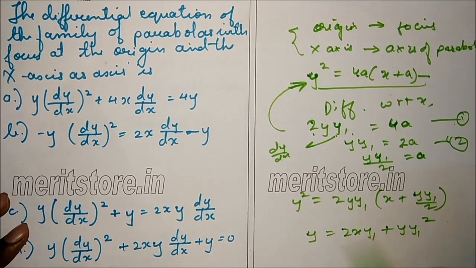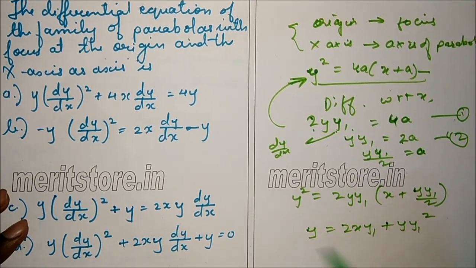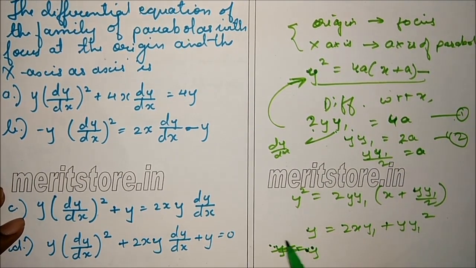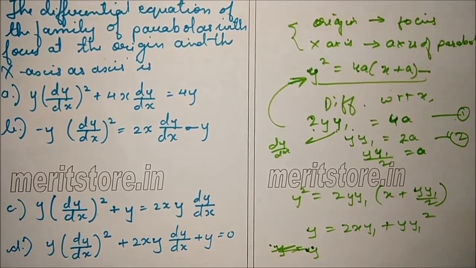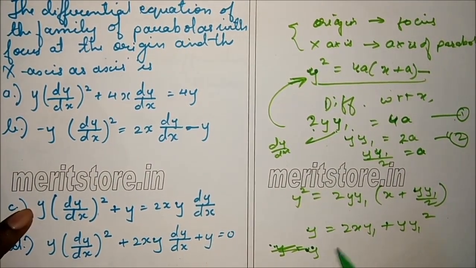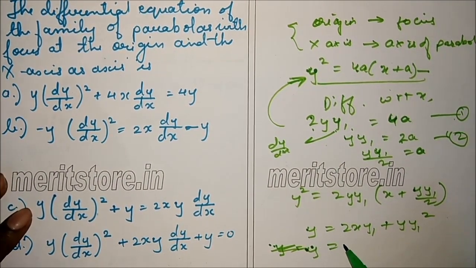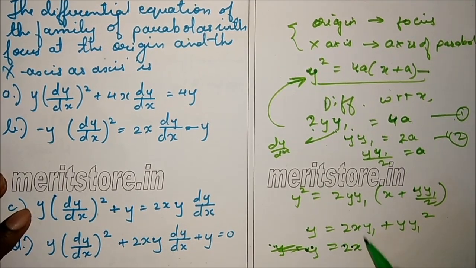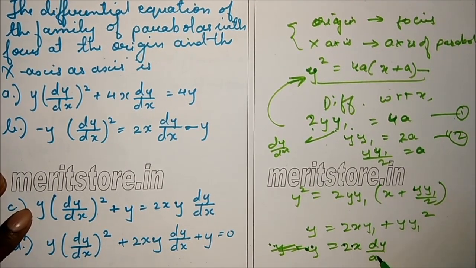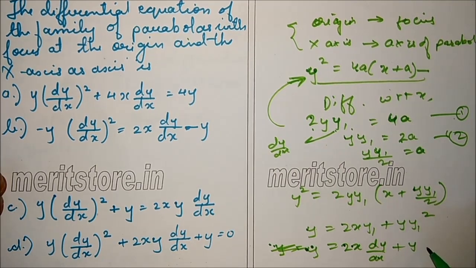Writing this in long form, this will be y equals 2x into y1, which is dy by dx, plus y into y1 square, which is (dy by dx) the whole square.